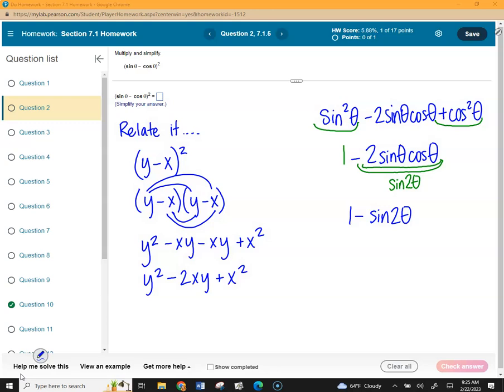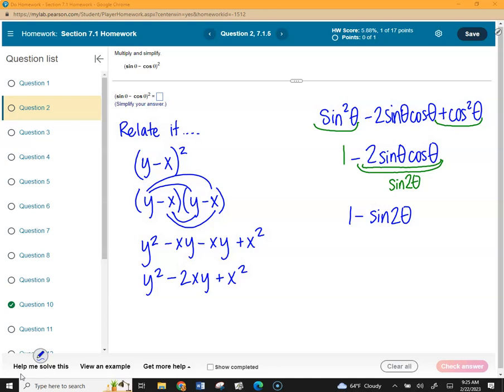Mine did have that. If yours ends up with a double angle identity, there it is. Mine was tan. Is yours tan minus 1 squared? Yes. Yep.